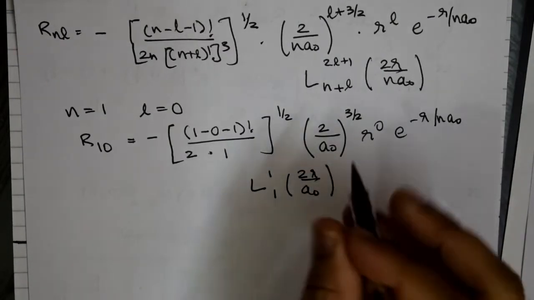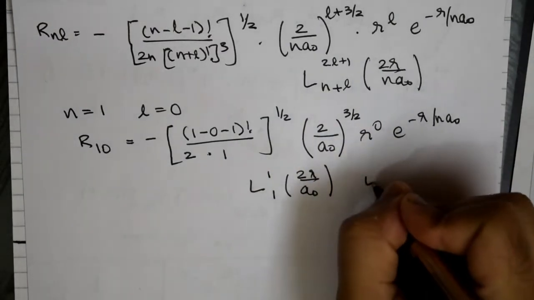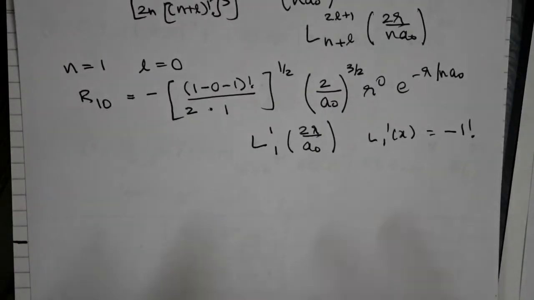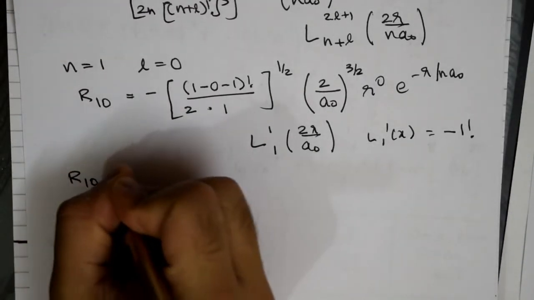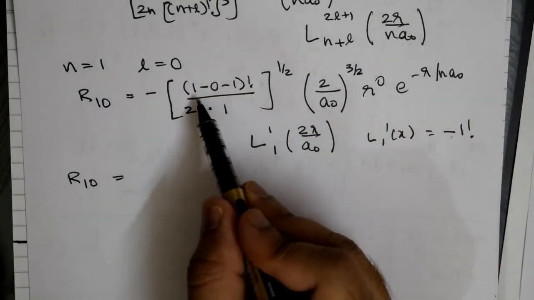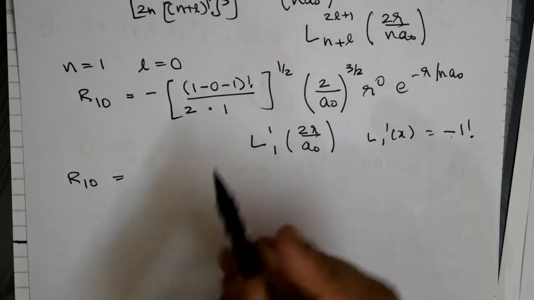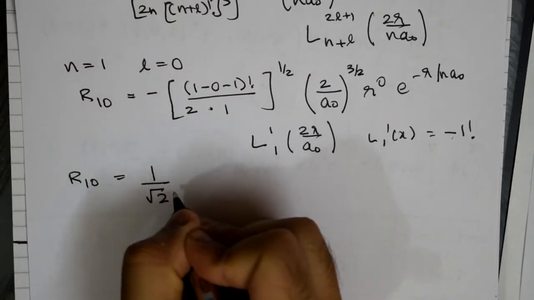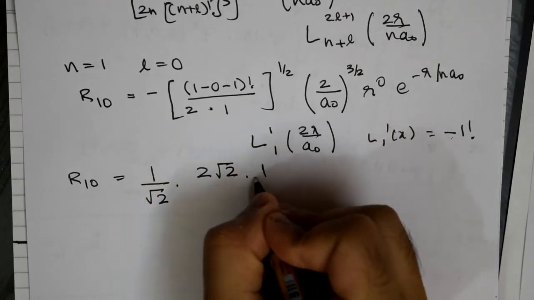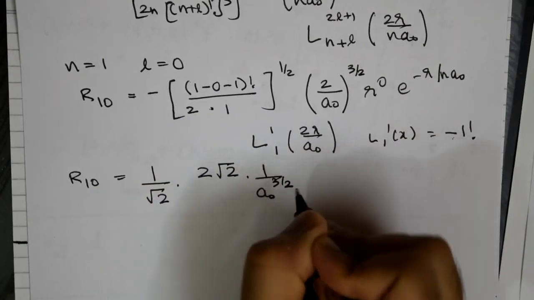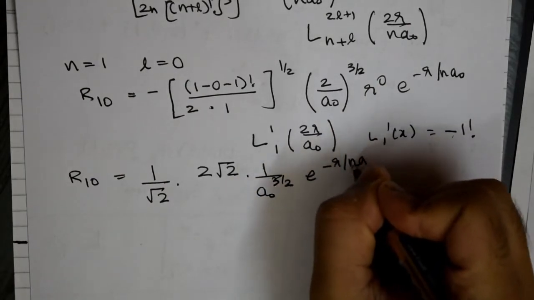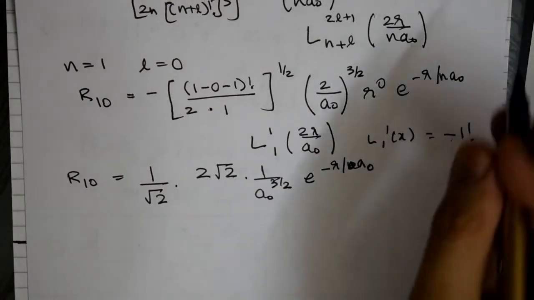If you might remember, L_1^1 of x was given as minus 1 factorial. So what ends up happening? The R_10 will be a minus, and the minus becomes plus 1, and then you have a 0 factorial, that's 1. So you have 1 over square root of 2 times 2 root 2 times a naught power 3 by 2, r power 0 becomes 1, e power minus r by n a naught, n is 1, so I can write it as a naught.